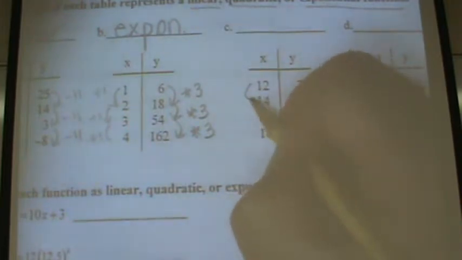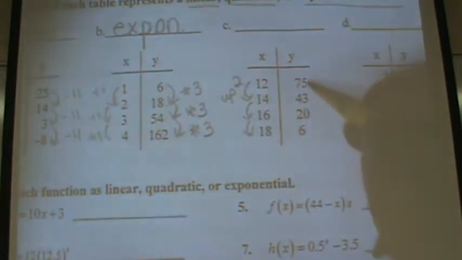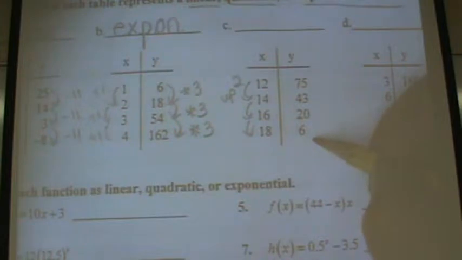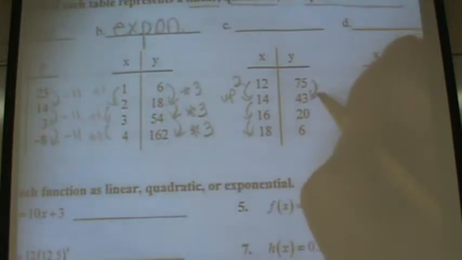Okay, the next one. This one's going up by 2's, right? Okay, this one, I don't see a common pattern by multiplying. I don't even know, let's see, how do you go from 75 to 43? This one's going down by 32. This one's going down by 23.